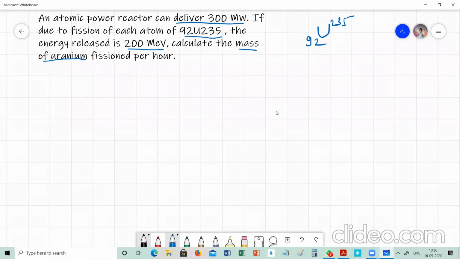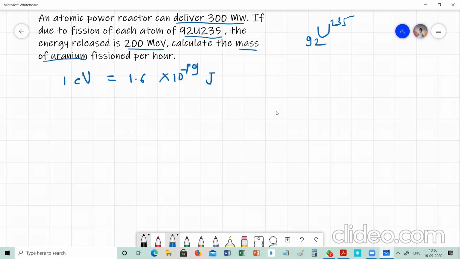Unit mega electron volt or electron volt is used because the energy released by one atom is very less. For example, 1 electron volt is equal to 1.6 into 10 raised to minus 19 joule.